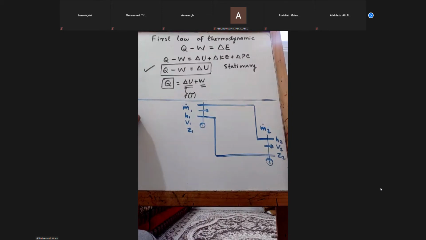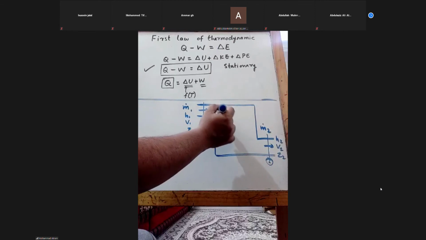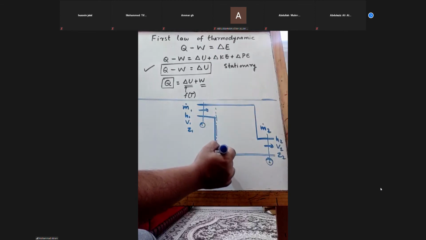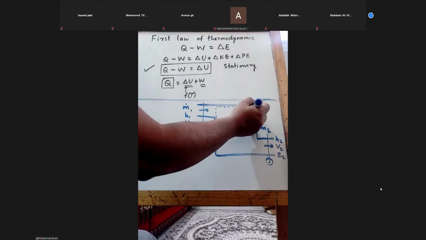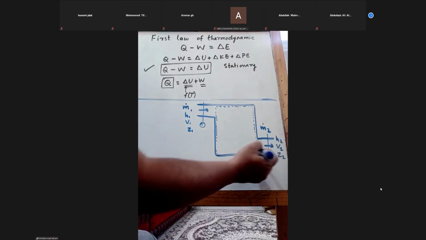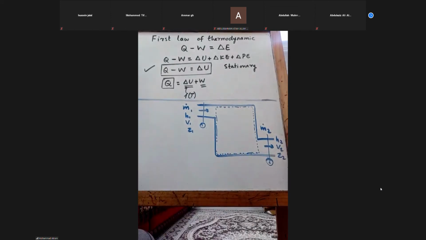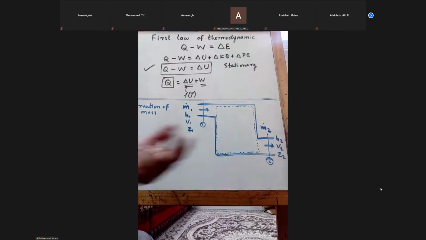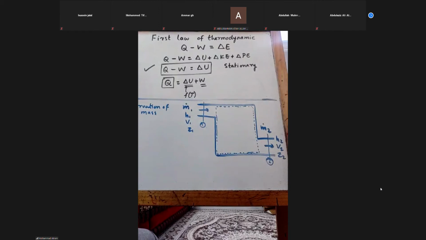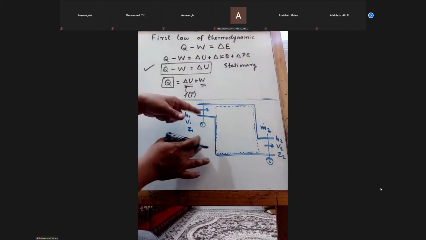So first of all, for the flow, in this we have the control system. The mass is coming in, or the heat is coming in and going out. So this is the open system, or you can say flow work is there. First of all, conservation of mass. What does mass conservation mean? Whatever is going inside will come outside, right? If you have two inlets, then the sum of the two will be the outlet.